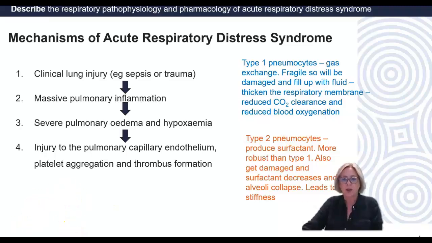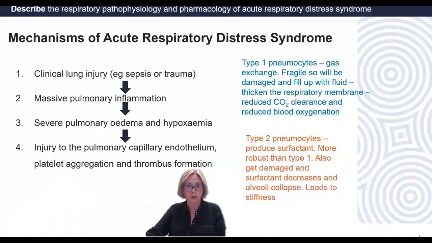Now, the second type of epithelial cells are these type 2 pneumocytes, and these are those cuboidal shaped ones. There's far less of them compared to these type 1 pneumocytes, and they are a bit more robust than these really fragile ones. Remember, these are the ones that produce surfactant, and surfactant is that detergent-like substance that lines the alveoli, and it reduces the surface tension so that the alveoli don't collapse on expiration.